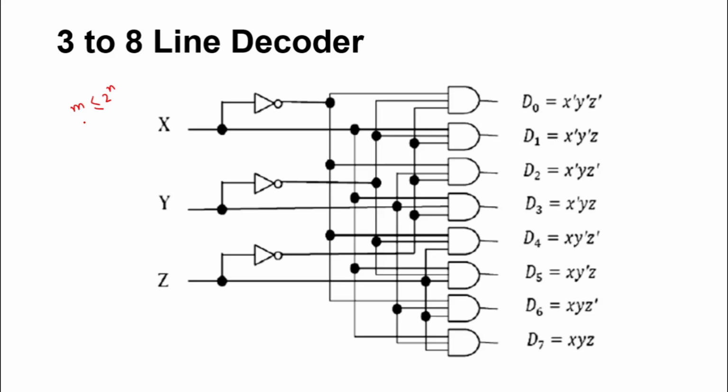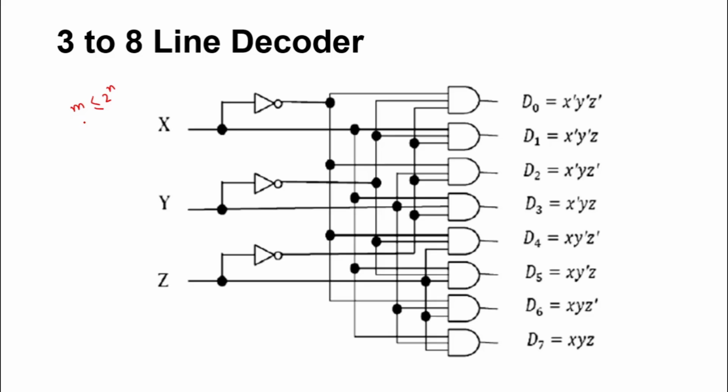So today I will discuss the operation of the basic 3 to 8 decoder circuit. The 3 inputs are decoded into 8 outputs, each output representing one of the minterms of the 3 input variables. The 3 inverters provide the complement of the inputs, and each one of the 8 AND gates generates one of the minterms.